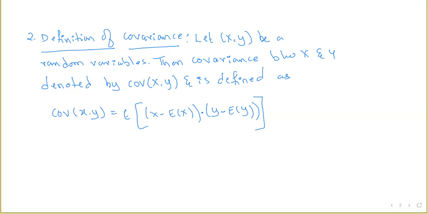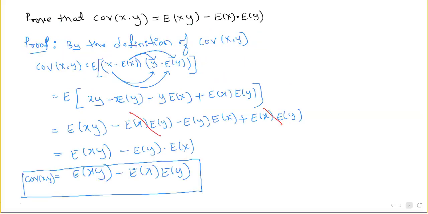After this, we discussed the first theorem: covariance of xy equal to expected value of xy minus expected value of x into expected value of y individually, right?